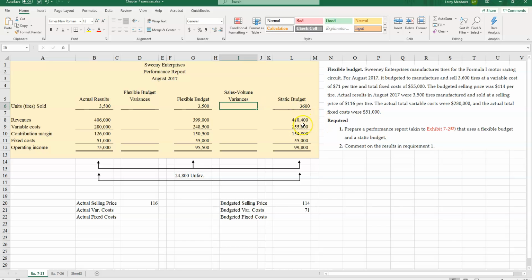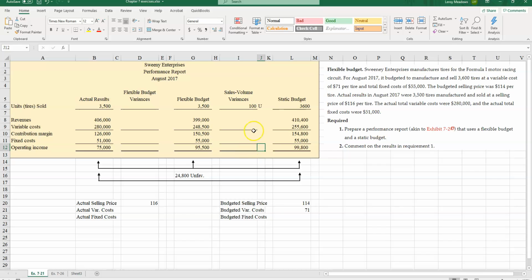Remember, my budgeted selling price and my budgeted variable cost per unit are the same for the static budget and the flexible budget. So if they're the same for both, then that cannot be the cause of the variance. So I had to figure out what else does that cause. Well, the only thing that changed was my actual units sold. So I'm going to have a 100 unit difference, and I'm going to label that as unfavorable.